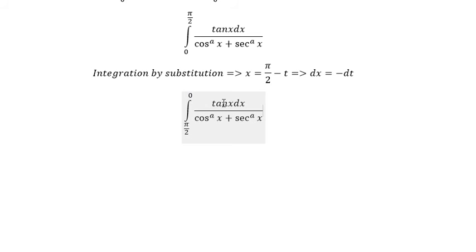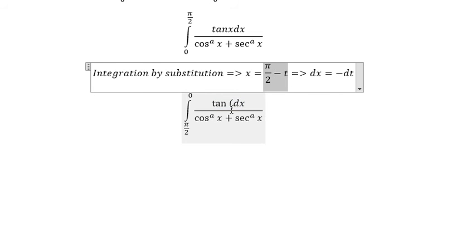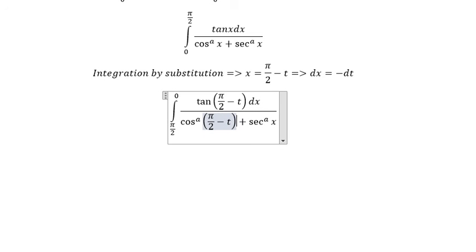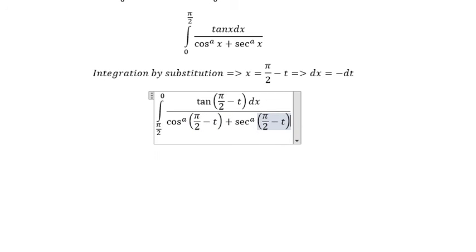Next, tan x becomes tan of π/2 minus t. This one is similar. Dx we change to negative dt.